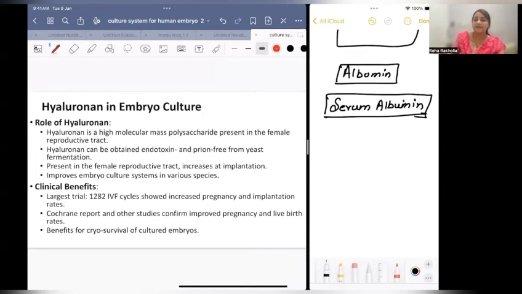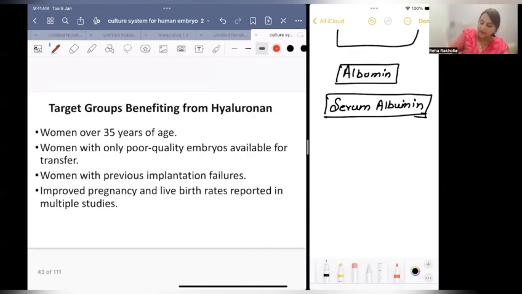And there is a target group benefiting from hyaluronan: those above 35 years old, poor quality embryo, and previous implantation failure.